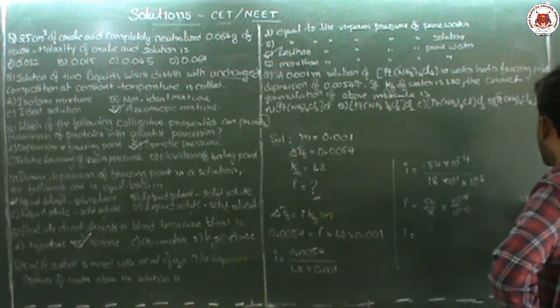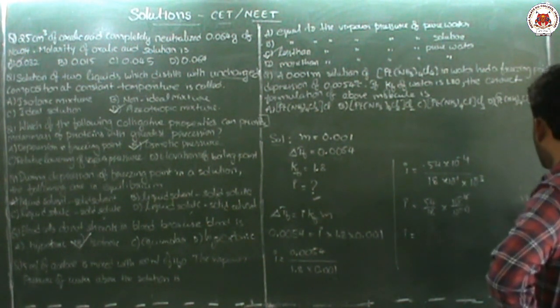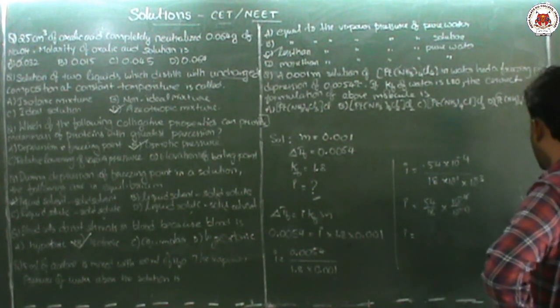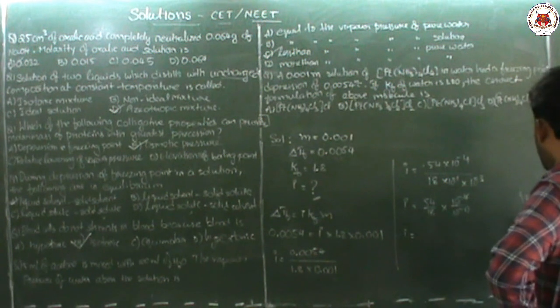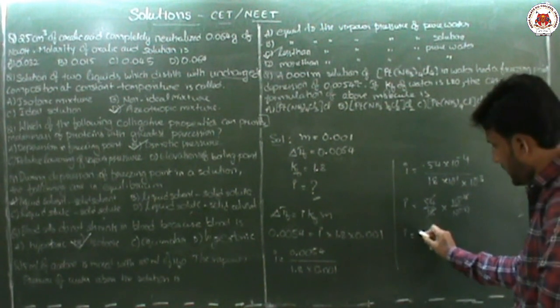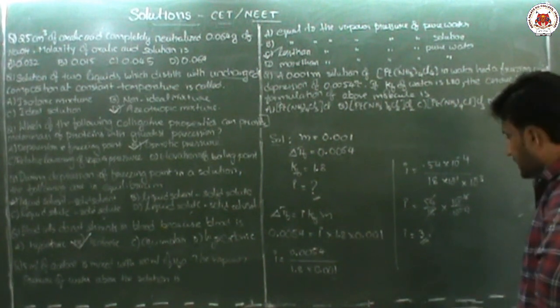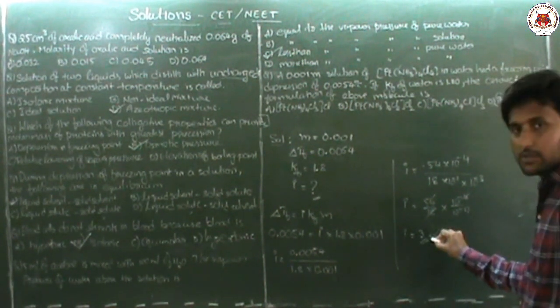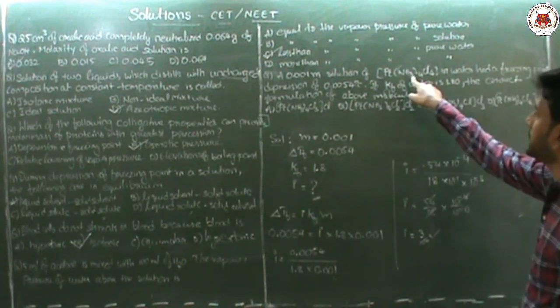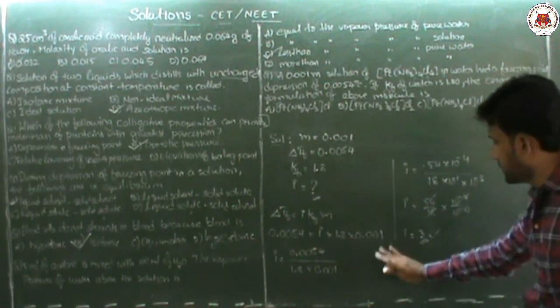54 by 18: 18 goes into 54 three times, so the i value is 3. If i is 3, then 3 ions are produced after dissociation. That means I need to write 2 chlorines outside.